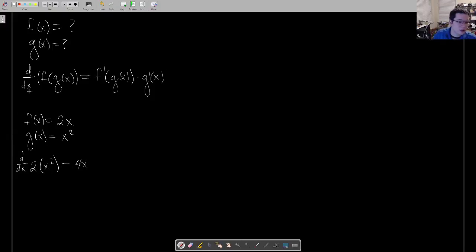However, we can do this with the chain rule, because that's actually what you're doing here. It's just not obvious. So let's do it with the chain rule. We'll label this as intuition. We'll do it over here with the chain rule. So f of x equals 2x, g of x equals x squared.